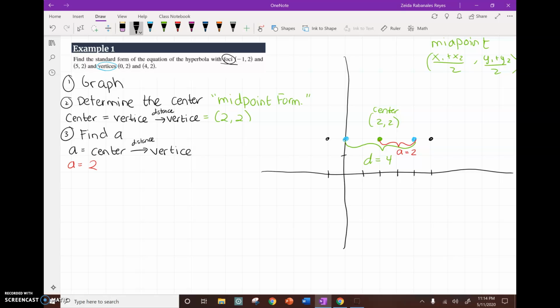Now I need to find B. Well, in this case, let's find C first because it's actually easier to find A and C, and then we can find B. C is the distance from the center to a foci point.